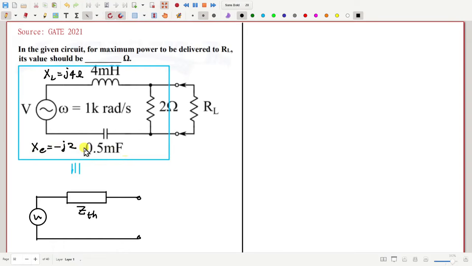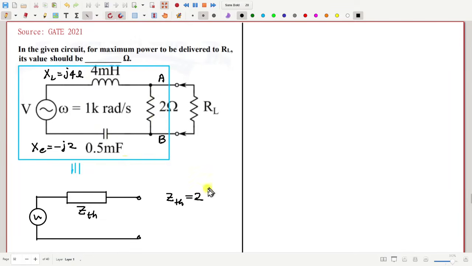If I call this node A and node B, how much is the Thevenin impedance between node A and node B? Not 2 root 2. Two parallel paths are there.